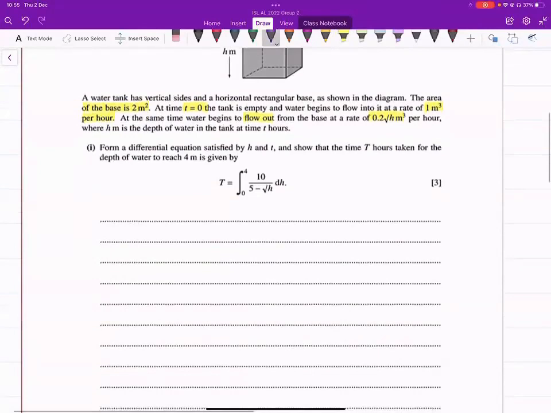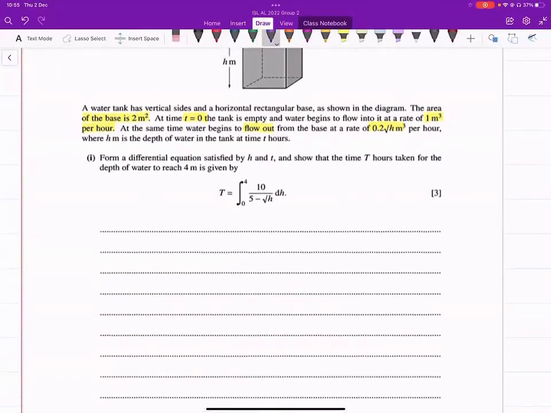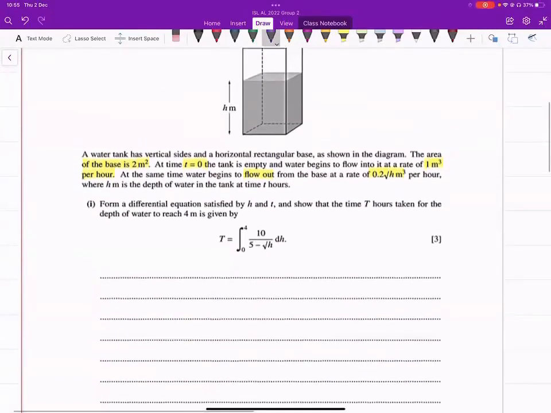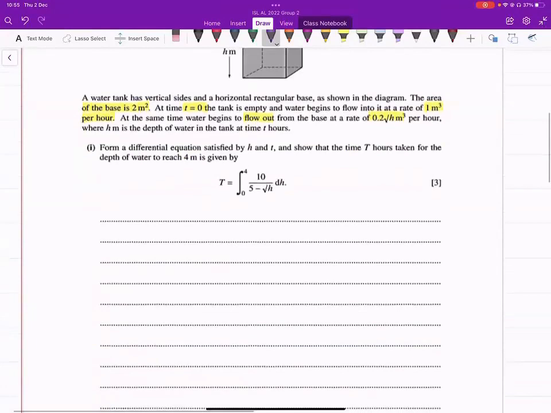So dH over dt. But what are you given? You're given the rate of change of volume. Okay? How do you measure the quantity of water? You measure it in volume. So what is this going to be? dV over dt. That should be the rate of inflow, which is 1, and minus the rate of outflow, which is 0.2 square root of h. That's dV over dt.